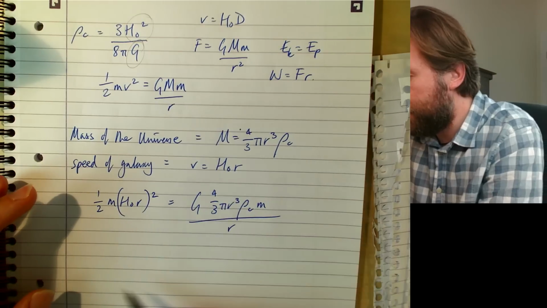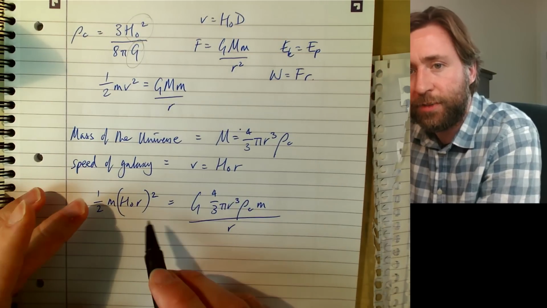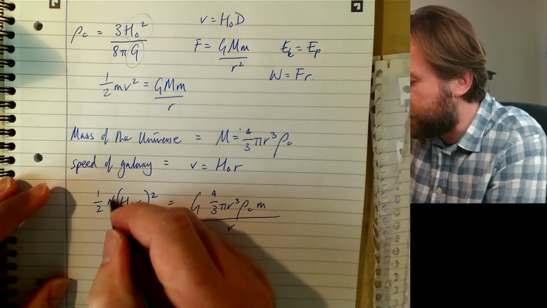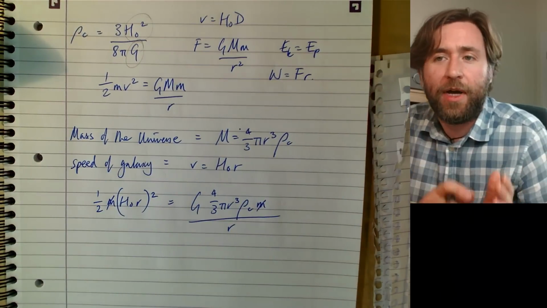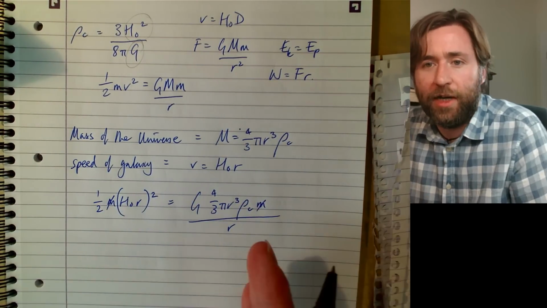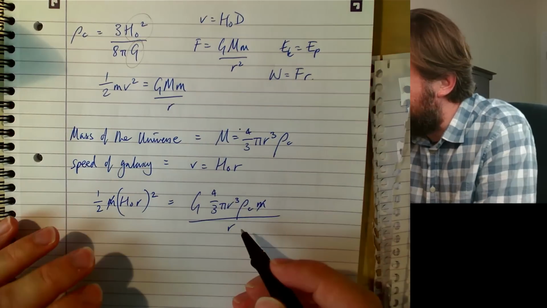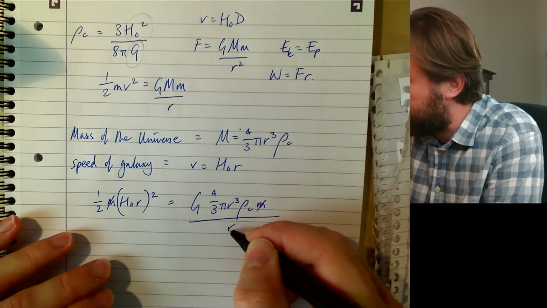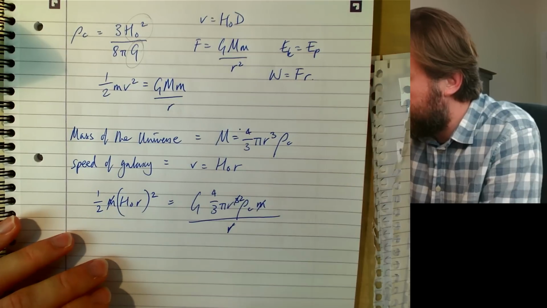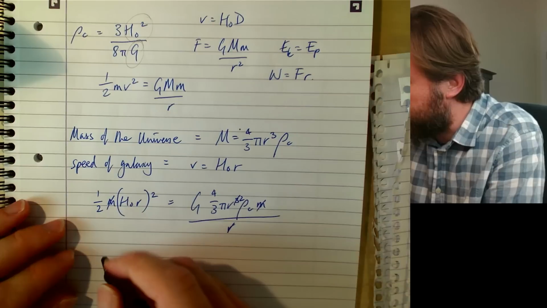Now I've got some tidying up to do. I can expand this bracket, and I can cancel these m's straight away. It doesn't matter about the actual mass of that galaxy because the algebra tells us so. And I can do something with this r here: I can make that r squared and cancel that r. And I need to expand that bracket, so I'm going to do that on the next line.